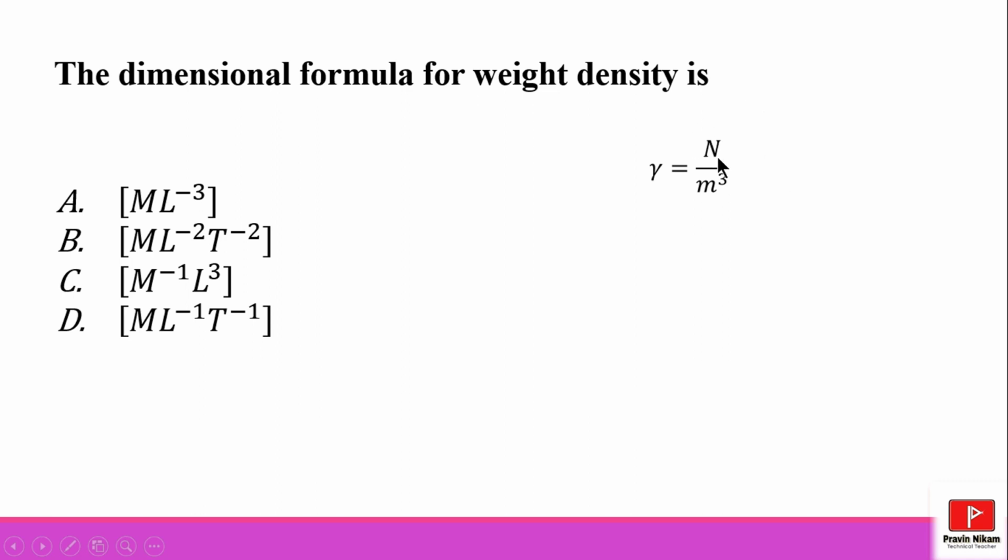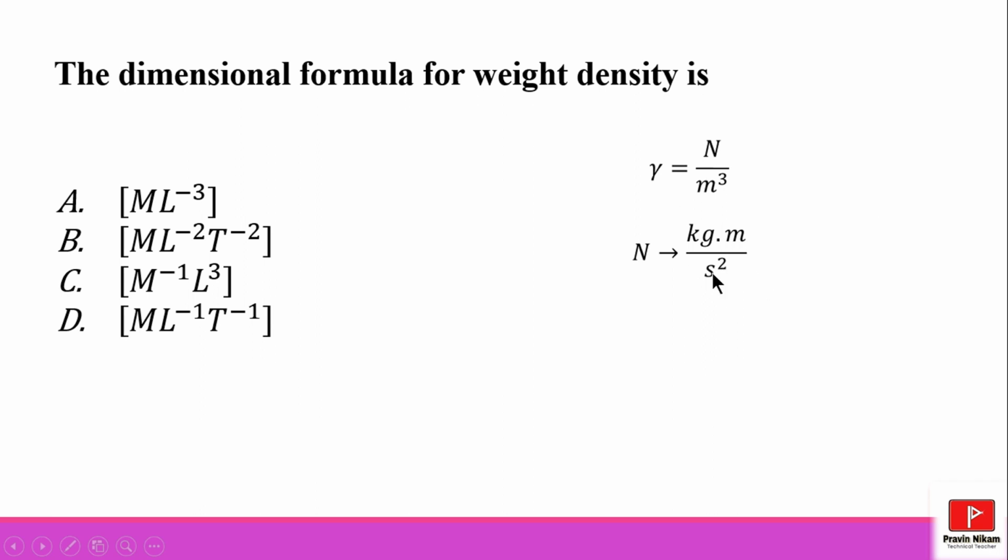Now we know Newton means kg meter per second square, because force or weight is equal to mass into gravitational acceleration. The unit of mass is kg and the unit of acceleration is meter per second square. So the unit of force or weight is kg meter per second square.